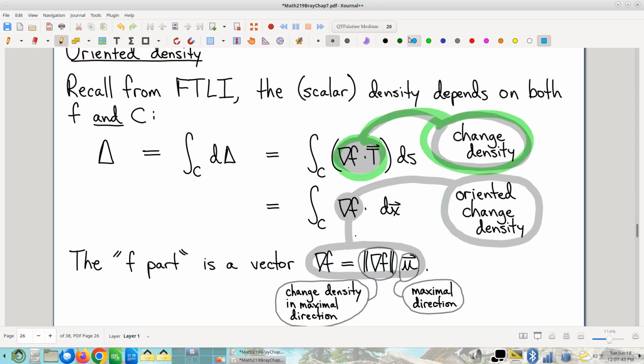It's literally change per unit length along the curve. That's the name, change density. Again, it's an immediate result from interpreting directional derivatives from a chapter 2 standpoint. This is all stuff we talked about back in chapter 6.